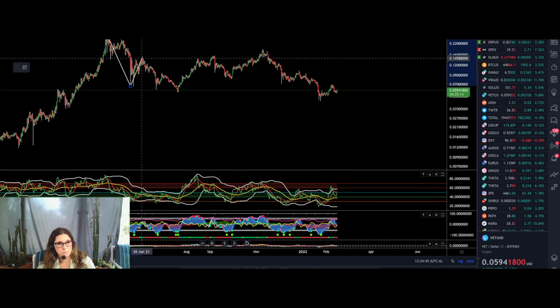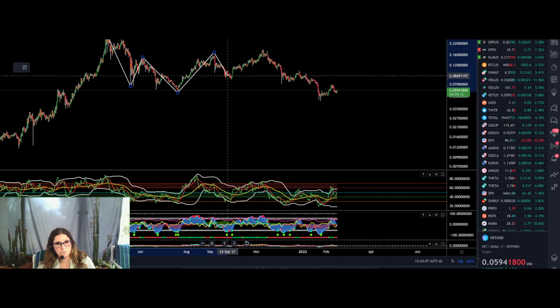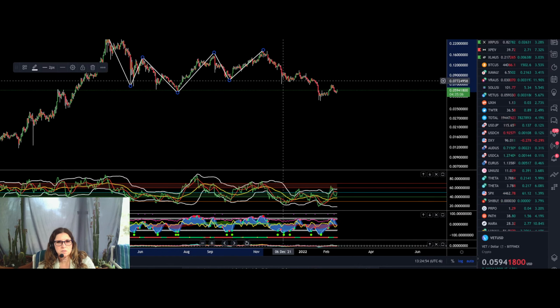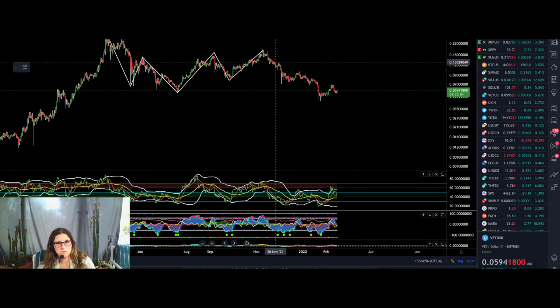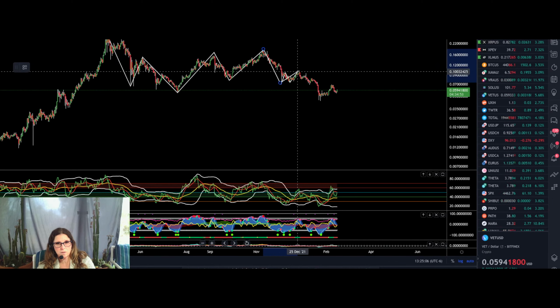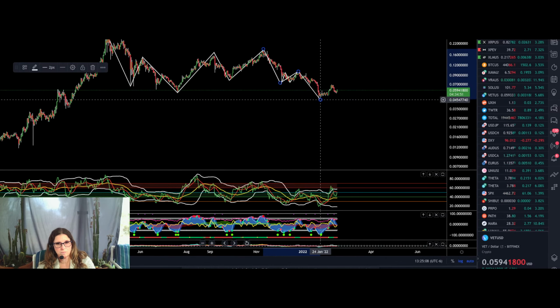We got a 3-wave move, 3-wave move, and this looks like 3 waves. We've got a little flat connector right here. And then this is its arm, its connector, its arm.